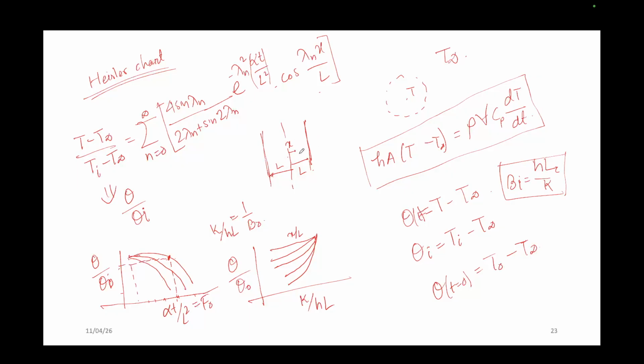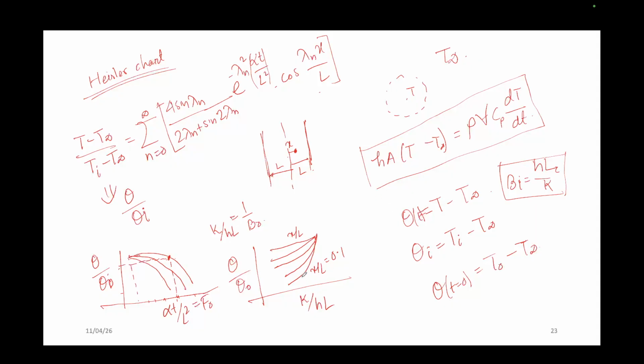So with that negligible conduction effect, if I have to check at a certain value of x, say for a given thing, x by L is known to you as 0.1, right? That means this point is known to you. You know this Biot number, Biot number is also given.